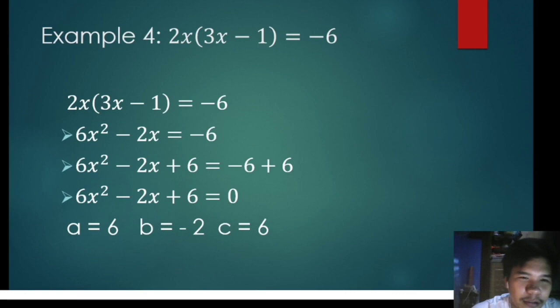So a is equal to 6, since the numerical coefficient of the quadratic term is positive 6. The value of b is negative 2, since the numerical coefficient of the linear term x is negative 2. And then the value of c is positive 6 since the constant term is equal to positive 6. Okay?